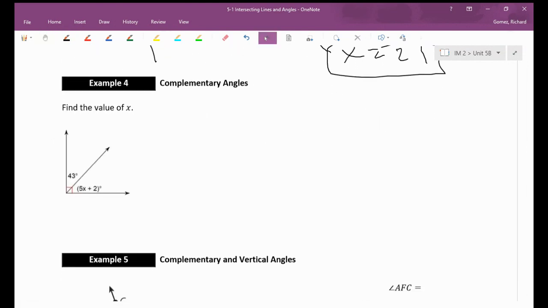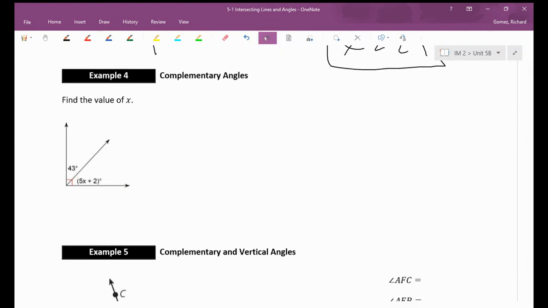Complementary angles is half of a supplementary angle, which is half of 180 is 90. So if you notice here, we have a little red square, and all that tells us is that automatically it's 90 degrees. So that means that both of these angles together is going to equal 90 degrees.